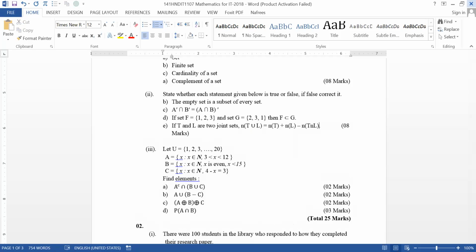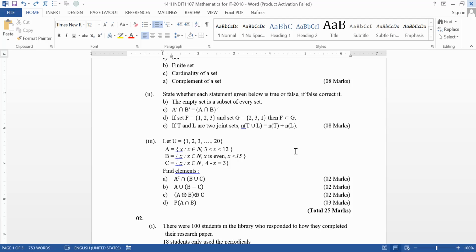If it is a disjoint set, then it is true. Go back to the notes and please have a look. I have clearly given you the definition of a disjoint set and how to denote it using equations, with more examples also.